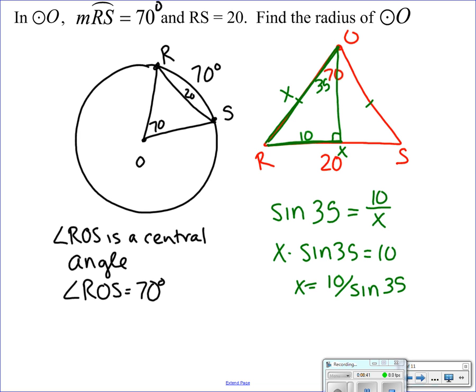So then 10 divided by the sine of 35, that's going to be 17.43. And that's the radius of our circle.